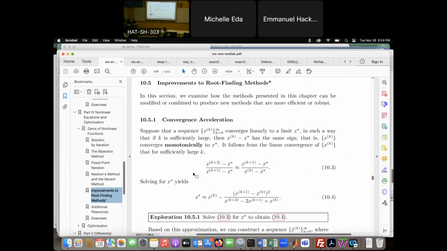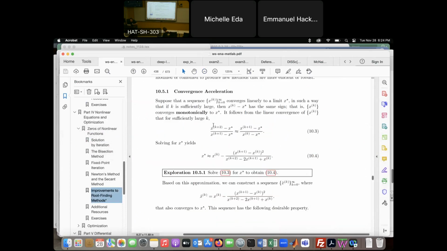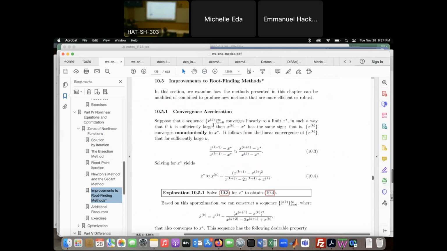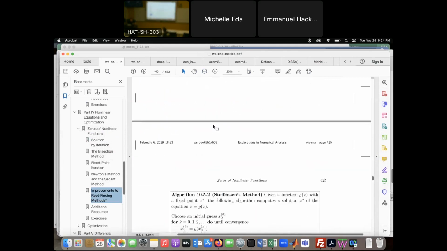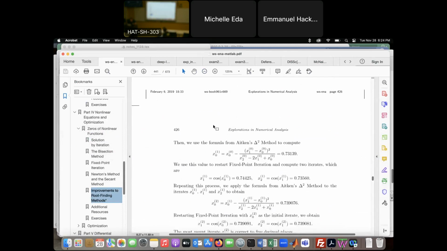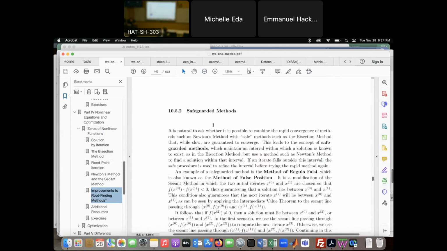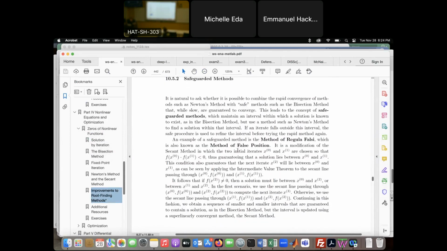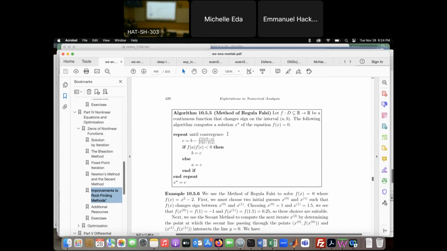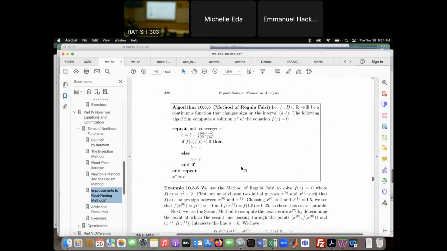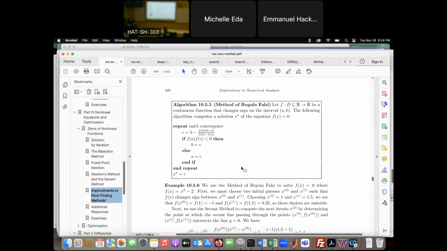Yeah, so there are improvements to root finding methods. Not a section I'm really covering, but I want to make you aware of it anyway. There are some methods to accelerate convergence. But for safeguarded methods, this is regula falsi as described. It's actually a pretty simple method to implement code-wise. This is kind of reminiscent of bisection, but it uses the secant method formula instead of just computing a midpoint.